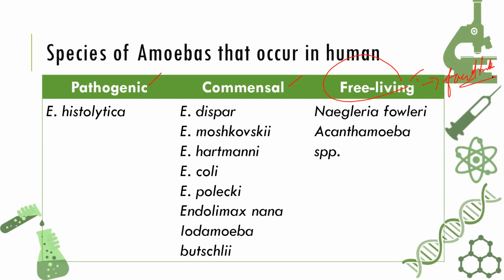Commensals can be found in the human body, but they don't cause harm, especially if the host has an intact immune system, which does not allow the antigens of these commensal parasites to cause infection.